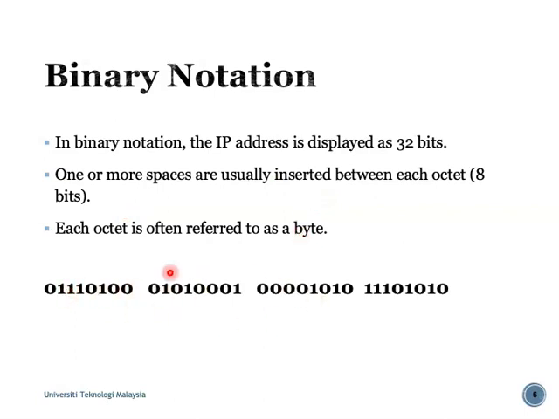If you look at the example here, it has a space in between 8 bits. This is an example of an IP address. We can also call it a 32-bit address. Some of the books also refer to this notation as 4-octet address or 4-byte address.